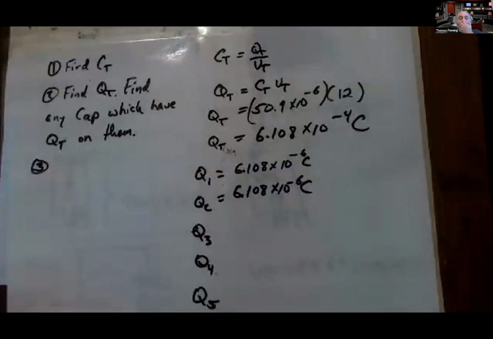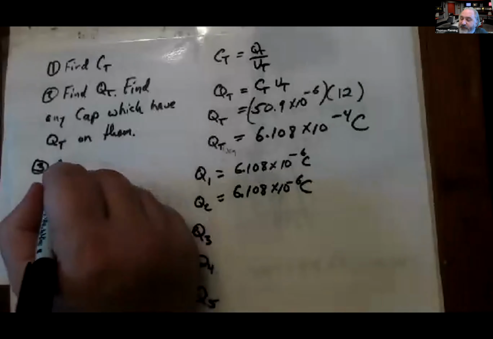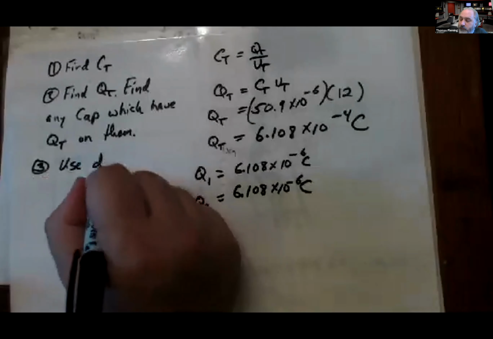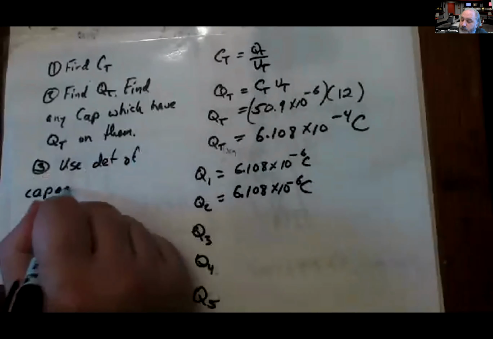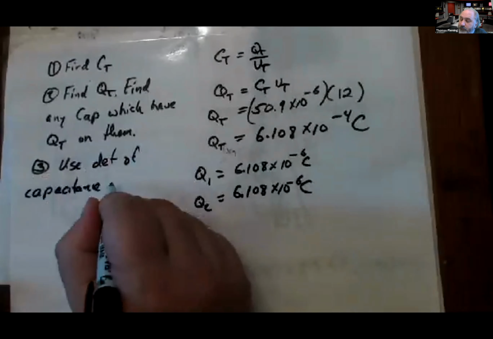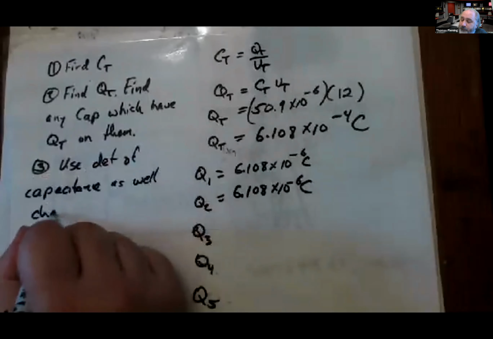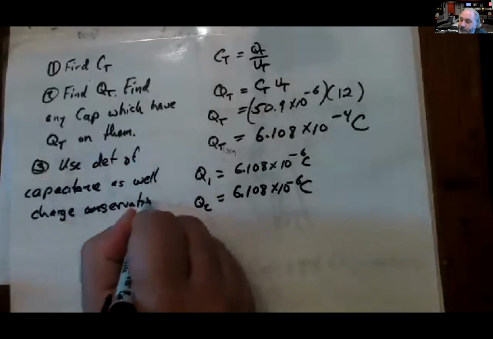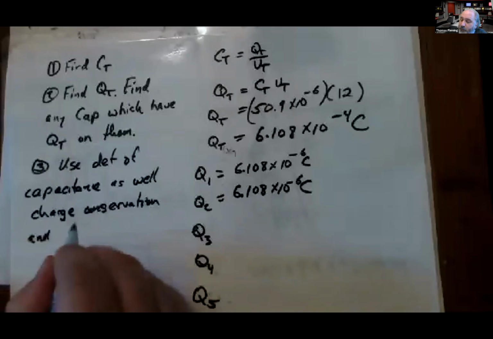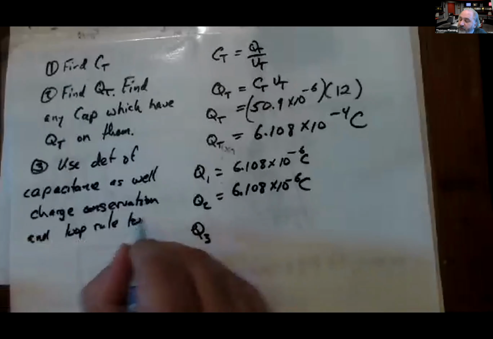So now we're going to start filling in blanks, because from here on out, we can use a combination of the definition of the capacitance, as well as charge conservation, and what we call the loop rule, to fill in blanks.